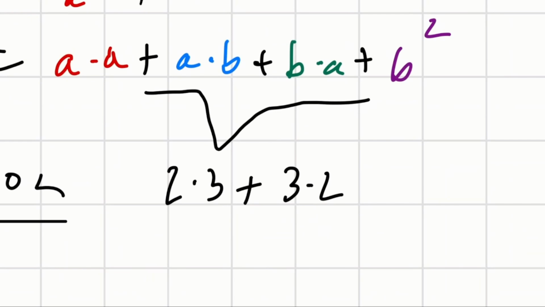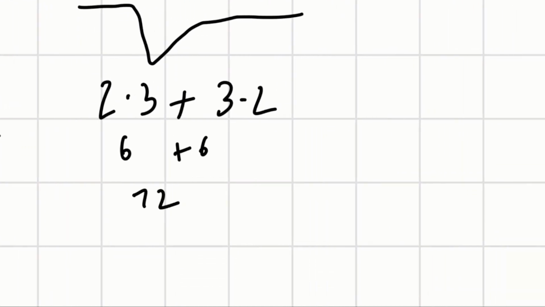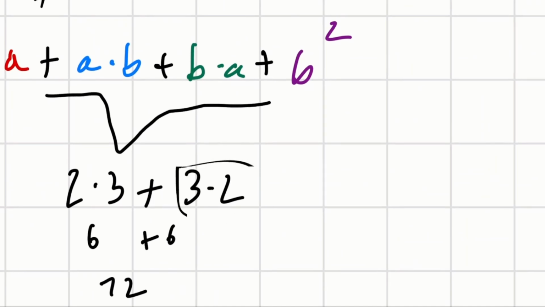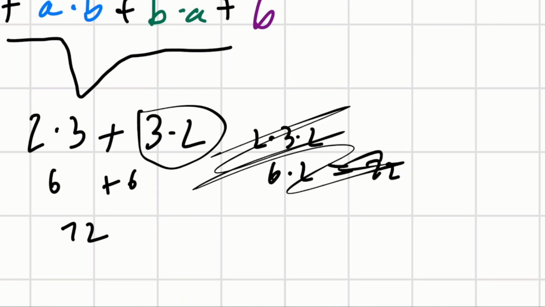So let's actually replace a and b with numbers. So this is nothing else than 6 plus 6, and this is nothing else than 12. And let's see if we just take this term, 3 times 2, and this gives us 6 times 2 equals 12. Okay? And this makes sense.